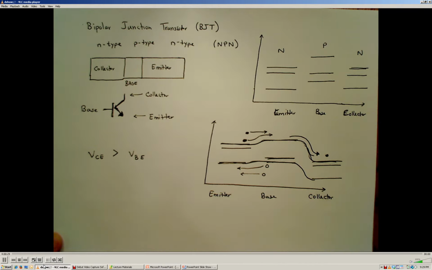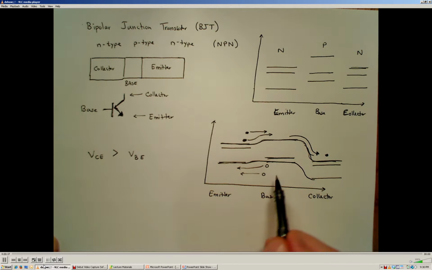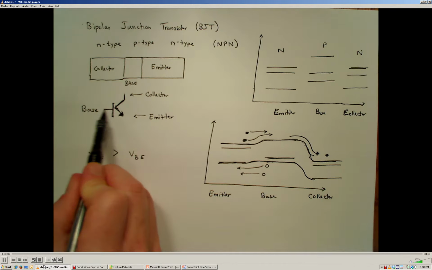Without going into too much detail about this, essentially as we're applying a potential to the base here, we're going to get both positive charge carriers, holes, moving from the base to the emitter, as well as electrons moving from the emitter to the base. So that creates a net current flow in this direction.